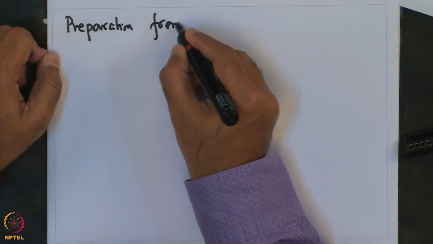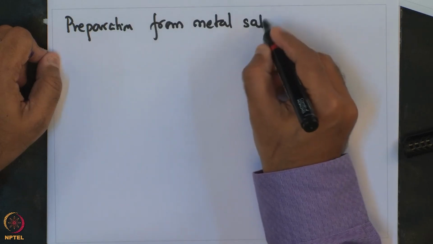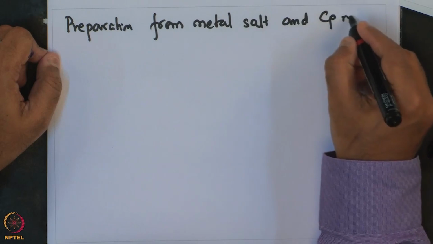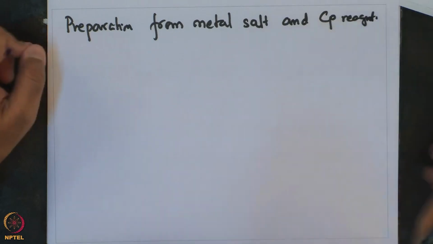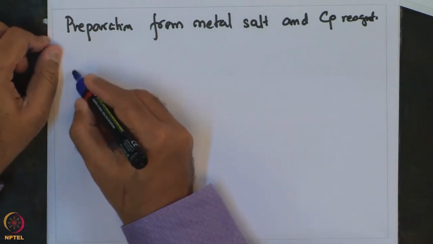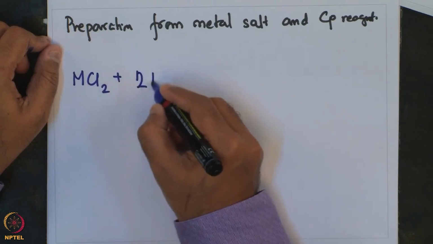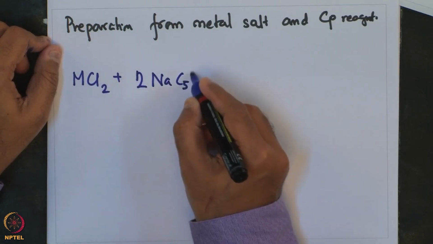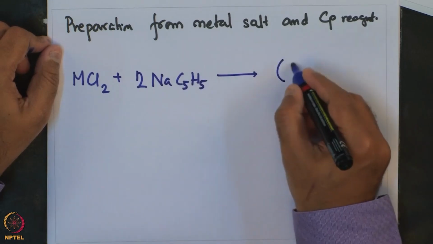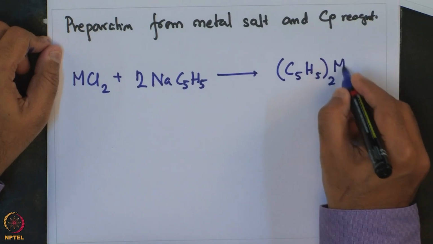from a metal salt and Cp reagent. So, MCl2 plus twice NaC5H5 results in (C5H5)2M.